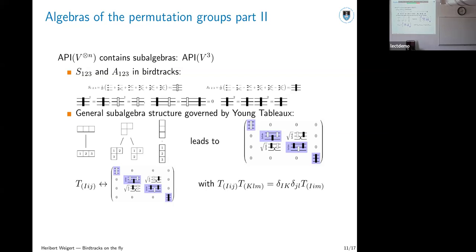And so I call those elements T, I, Ij. I labels the diagram, and Ij labels the entry, so to speak, in this matrix where I arrange these guys. This has a connection with the matrix representation of the algebra that's very neat, but I'm not going to talk about this here.